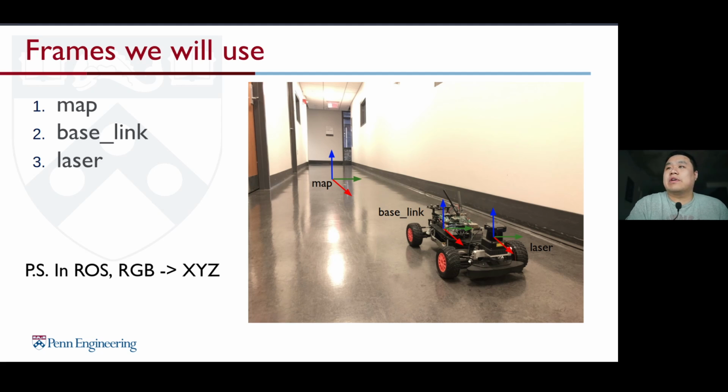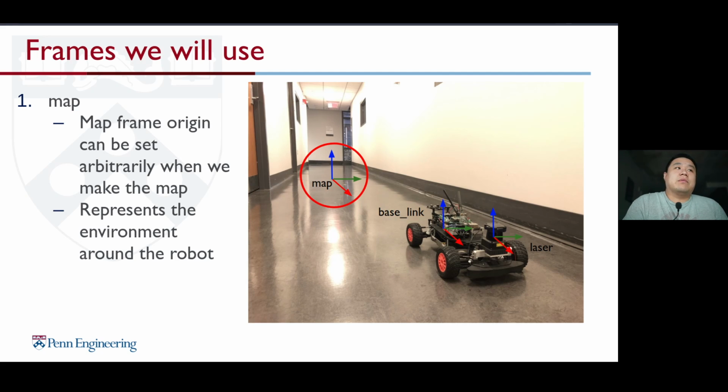So it's very easy to tell which one is the X axis, which one is Y, and which one is Z. The frames that we'll be looking at here: the first one is map, representing the environment. The second is base link, representing the actuation frame of the vehicle, and the laser frame, which is the measurement frame of the vehicle.